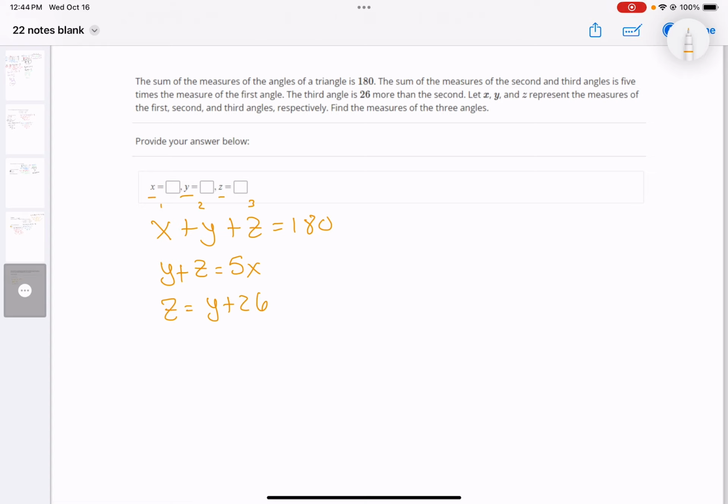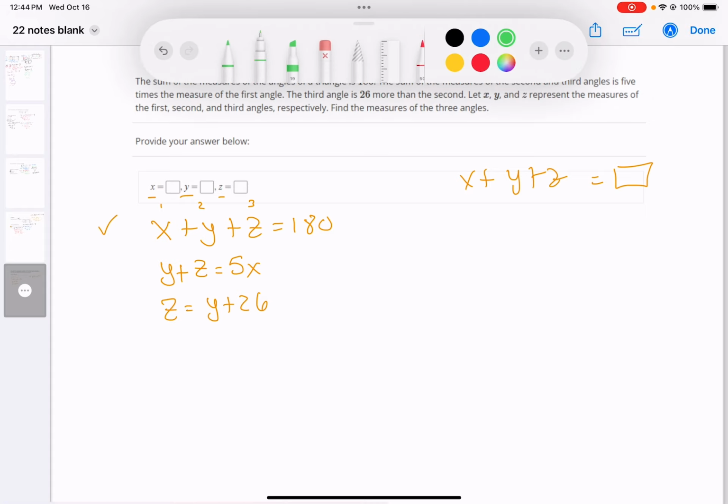Okay. We have three equations. It's not in the form that we're used to. We're used to seeing x plus y plus z equals some number, and this is the form that we need to get it into. So the first one is already like this, so that's done. But I'm going to have to mess around a little bit.